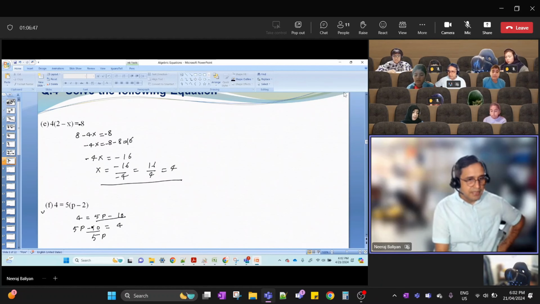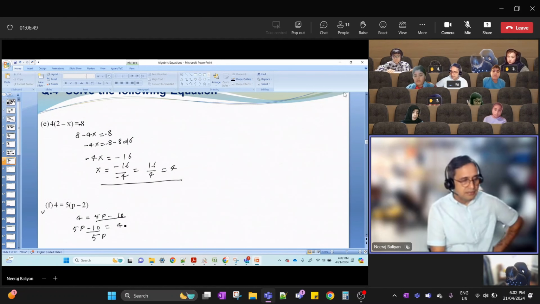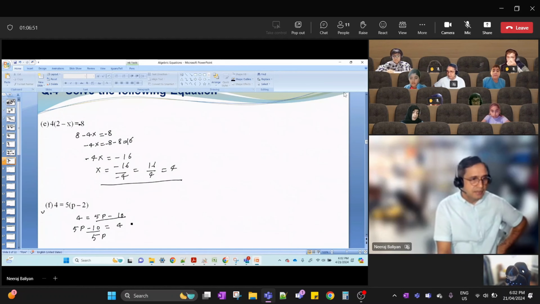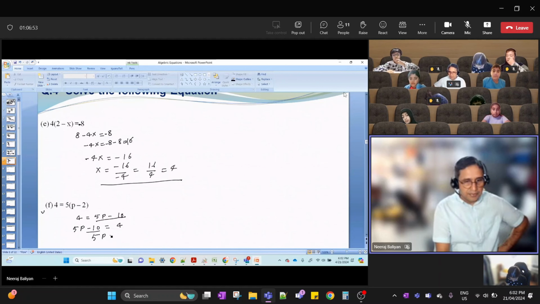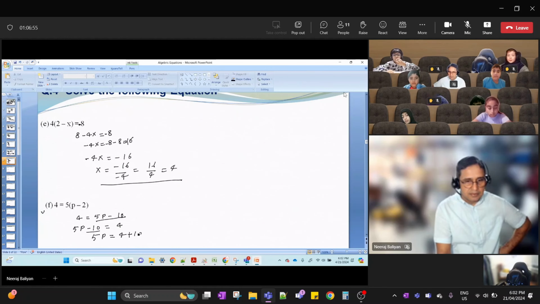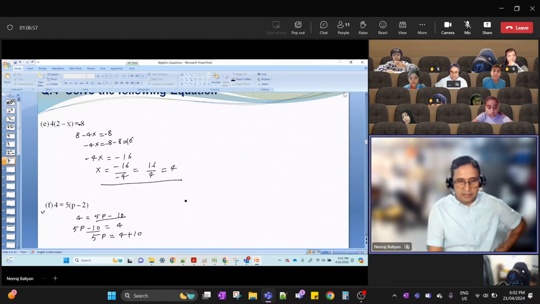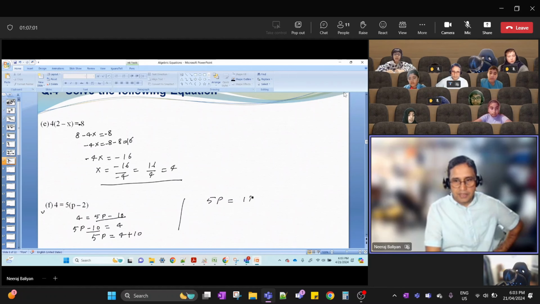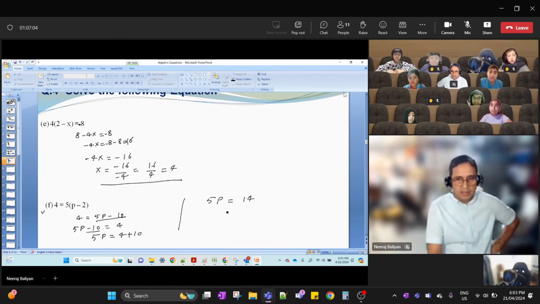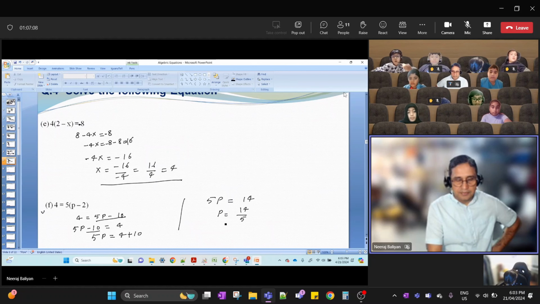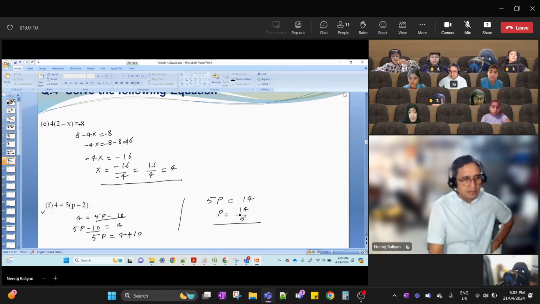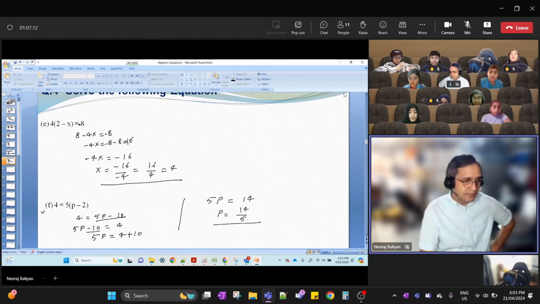Because it is minus, what will be the new sign on the right hand side? Plus. So it will be 4 plus 10. I will write it here. 5p is equal to 14. And p is equal to 14 by 5, which is 2.8. We don't need to go to that much calculation.